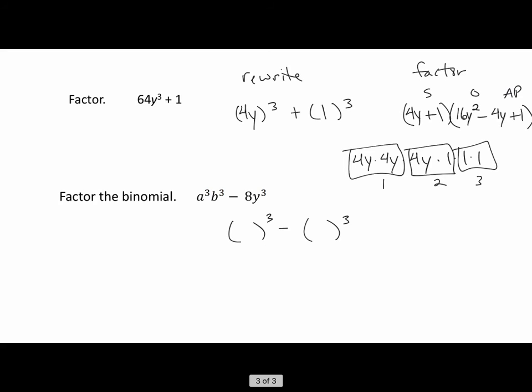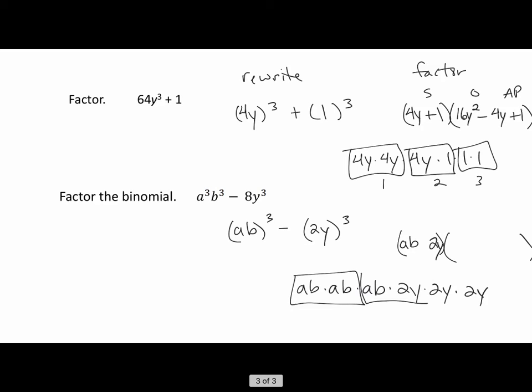Let's see if we can rewrite this next example. AB cubed will be A cubed B cubed. And 2y is the cube root of 8y cubed. So we can rewrite that, and then we can factor the difference of two perfect cubes here. The first factor is AB for the first term, 2y for the second term. Then we need to multiply AB three times and 2y three times so that we can box these up in pairs of these factors.